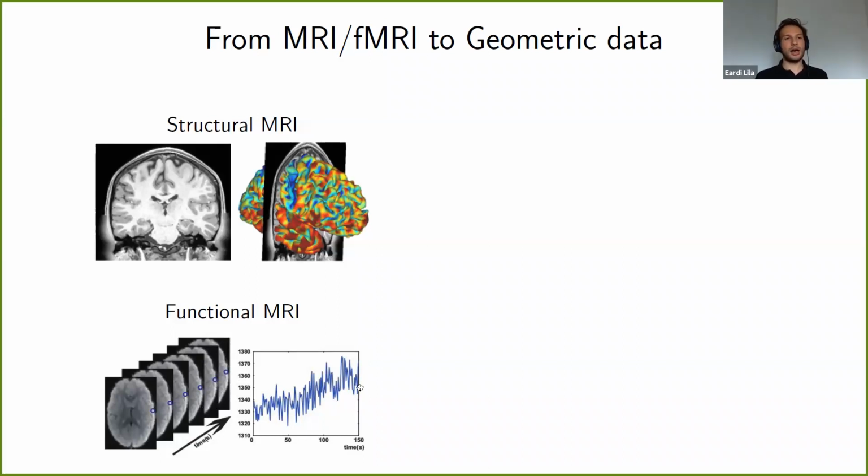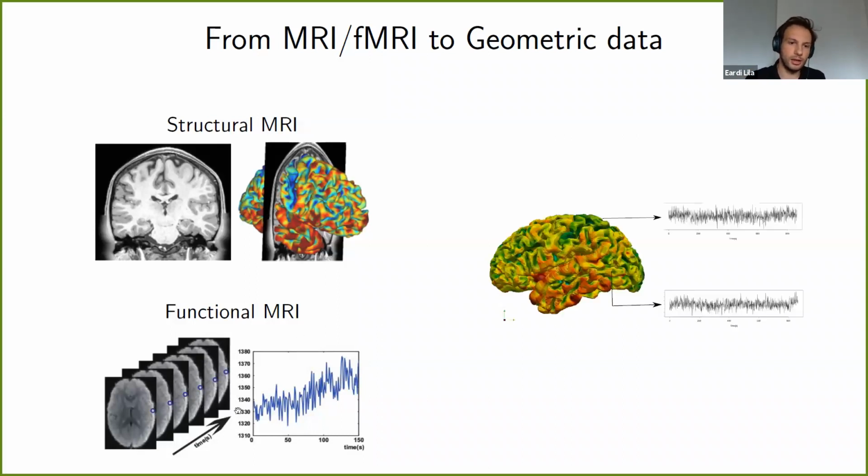So how can we put everything together? Well, now we can take this signal, okay, and map it onto the surface. So take only the signal that is relevant, on the cortical surface, and map it onto this surface, okay? And the final type of data that we get is this structure here, okay?